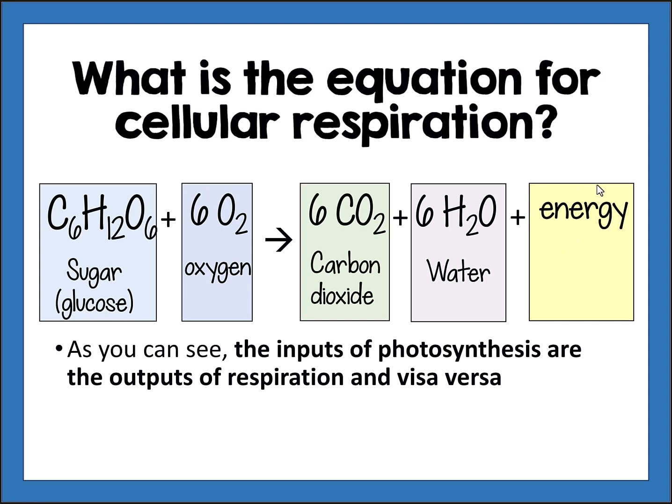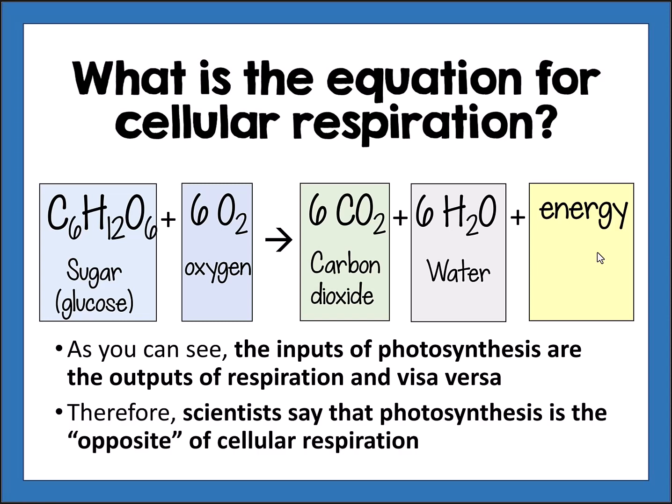But the energy that we end up with at the end of cellular respiration is ATP, not light energy. So this actually becomes usable energy, whereas light energy, which goes into the process, is not usable. So scientists say that the process of photosynthesis is the opposite of cellular respiration.